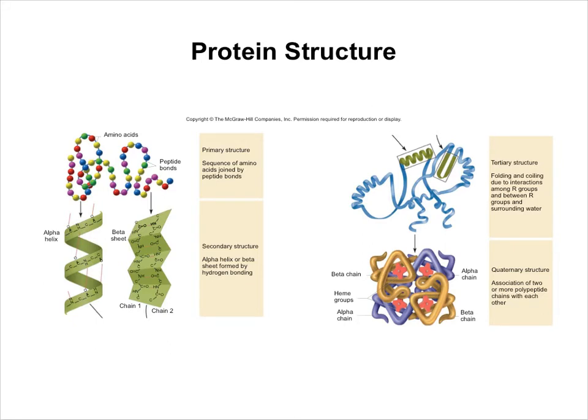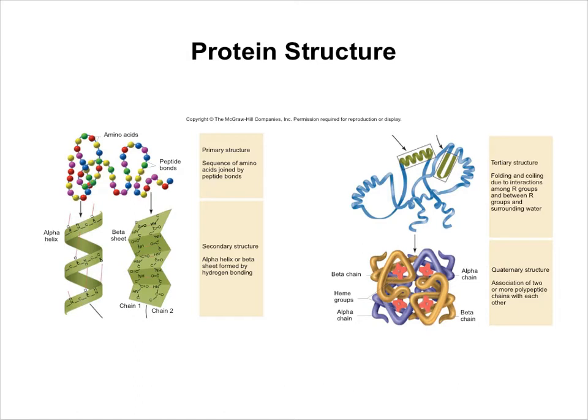carbons, the backbone materials. So remember, we said that all amino acids have that amino group, the acid group, and the linker carbon, right? And the R groups can be one of 20 different things. That backbone is the amino, the acid, and the linker carbon.